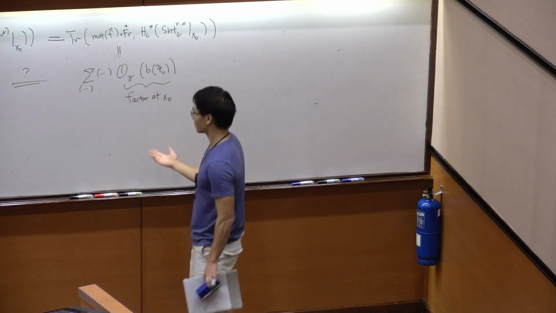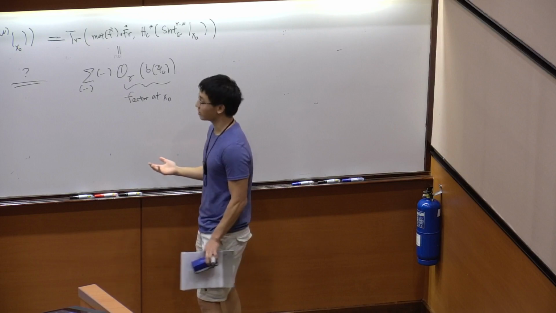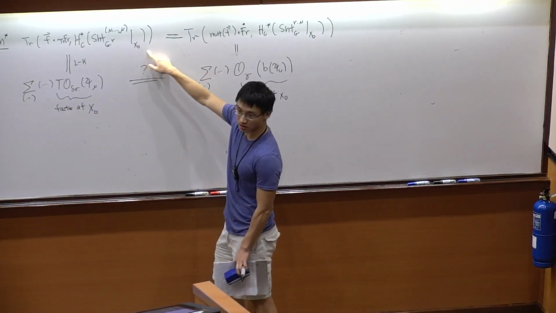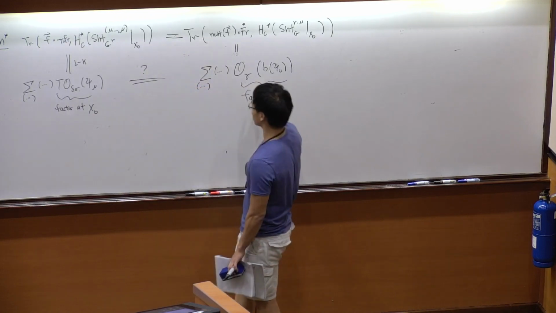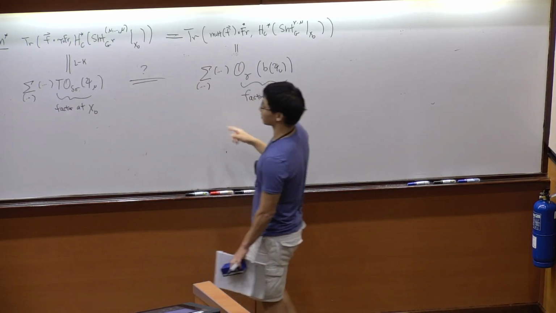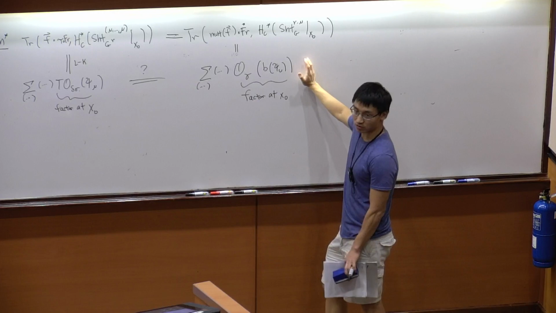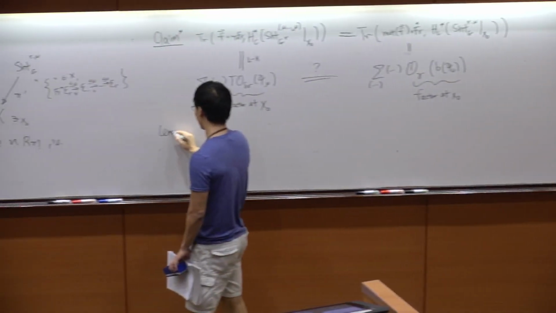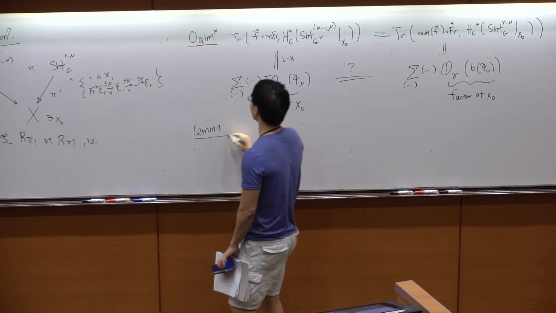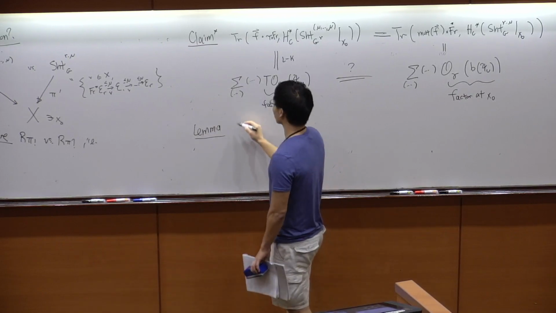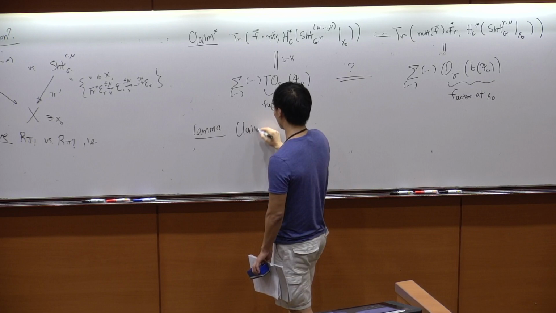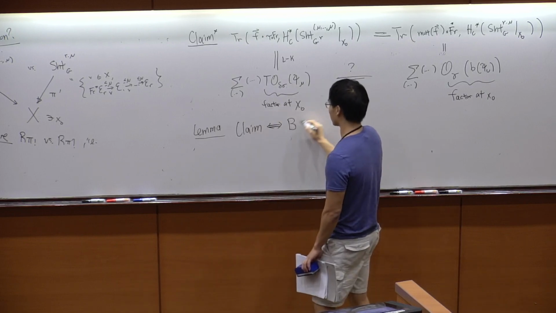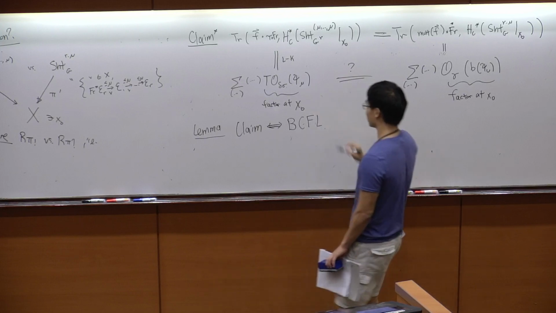But maybe one observation we can take away is that if we somehow knew these were equal for other reasons, then we would have some sort of interesting relation between twisted orbital integrals and orbital integrals. And it's not hard to show, so here's a lemma, and this is an honest lemma, not a fundamental lemma, that the claim is not only implied by the base change fundamental lemma, but it's actually equivalent to it, or at least in this version I stated.